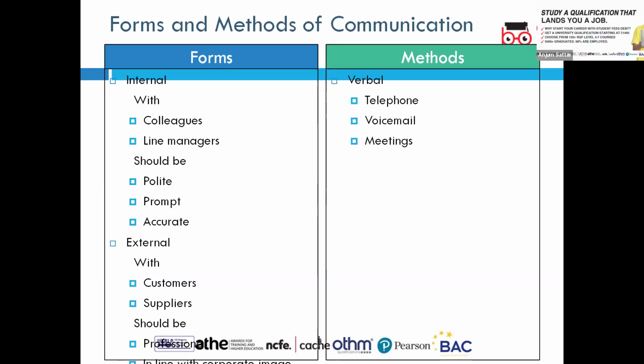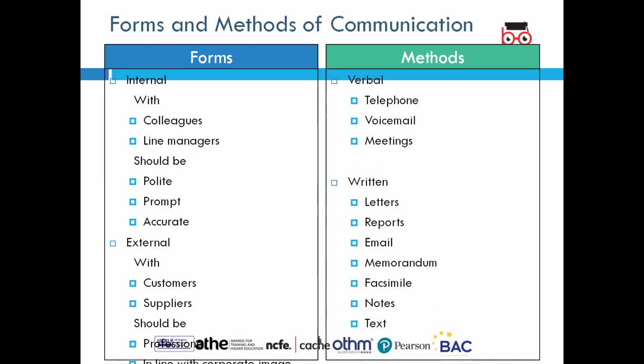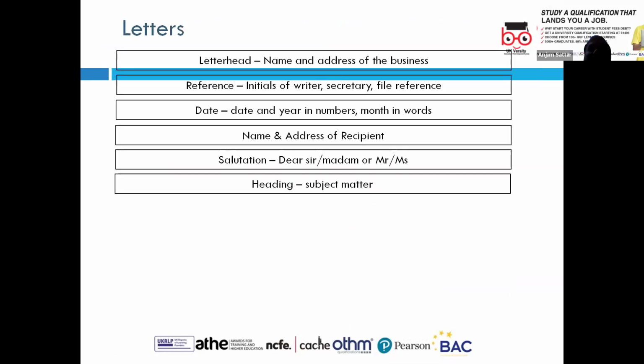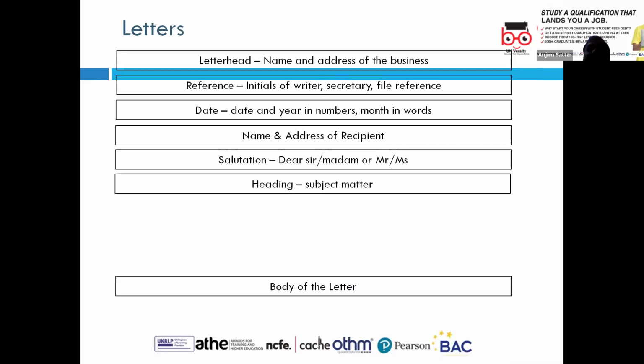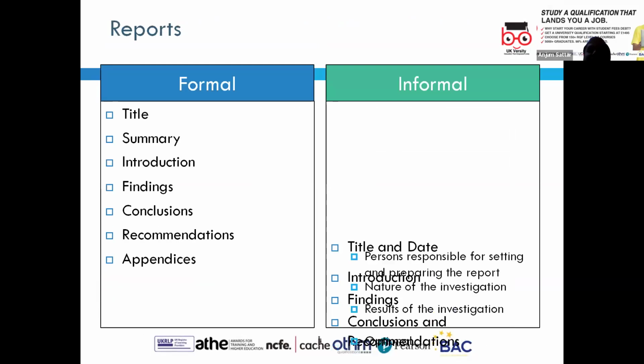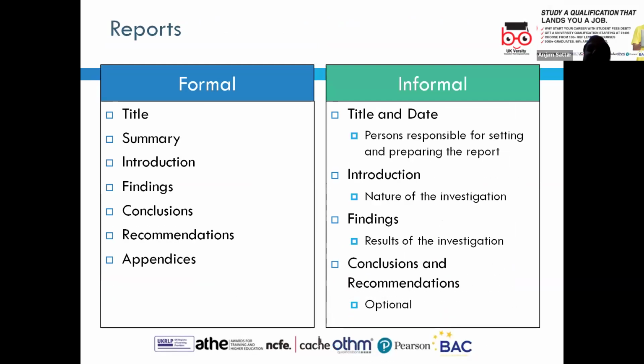The method can be voice or written. When we do letters or anything, we need a clearly structured approach that we follow. Always the subject really matters, the headings, and of course at the end, your own signature. So these are some examples of communication that are helpful.